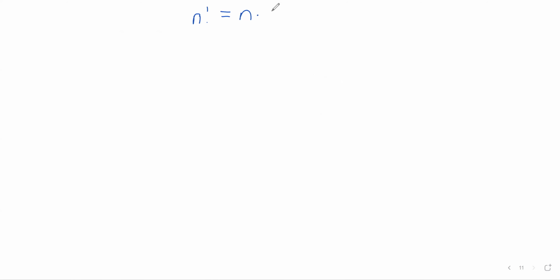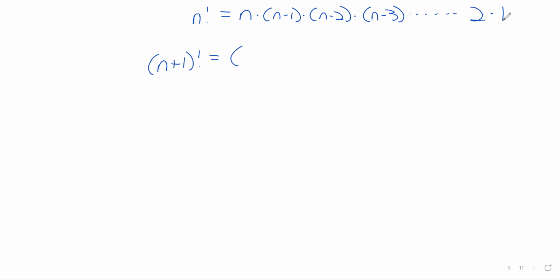Well, it's n times n minus 1 times n minus 2 times n minus 3 all the way down to 1. And what's n plus 1 factorial?